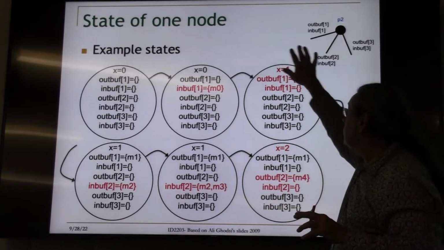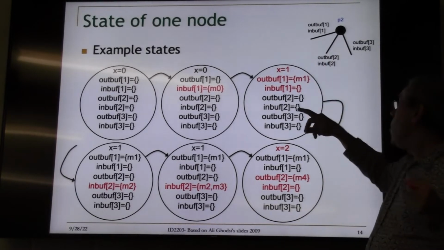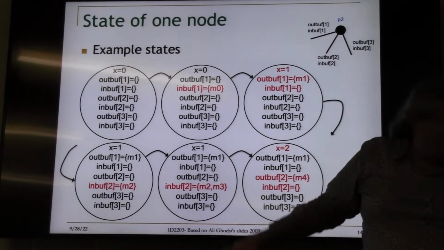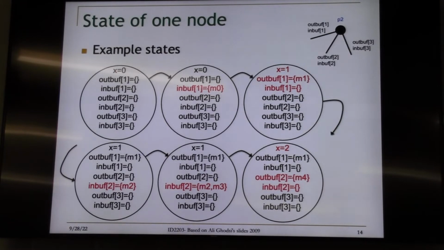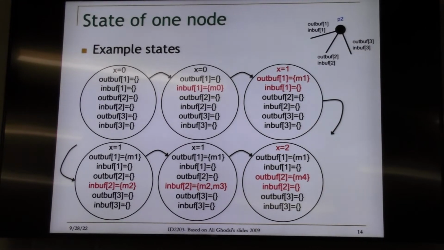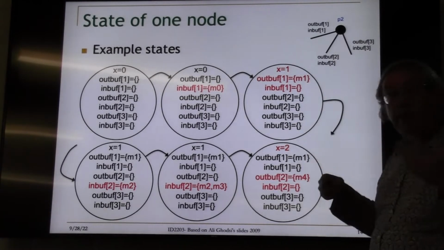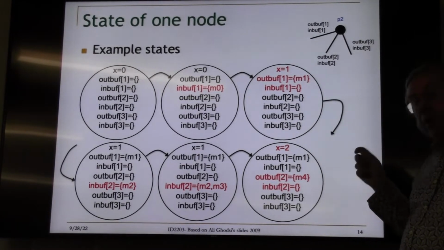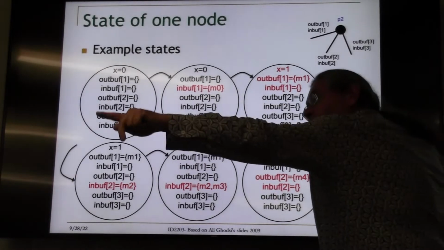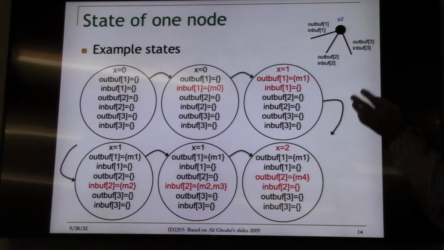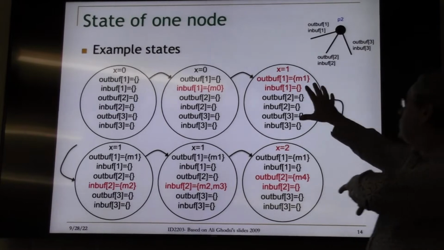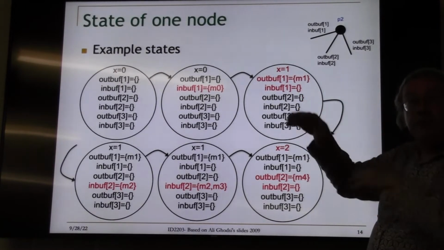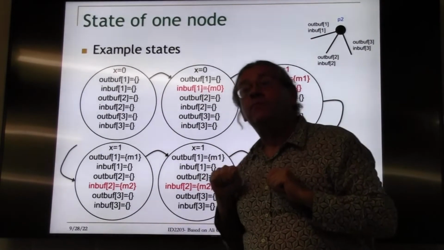So if this node fails, the M1 will disappear. But eventually there's a transition and M1 is magically transported to the other side. If the node fails after that transition, then the message is still there, of course, because the message has somehow already got close enough to the other one. So either the message disappears in the source or it disappears at the destination.